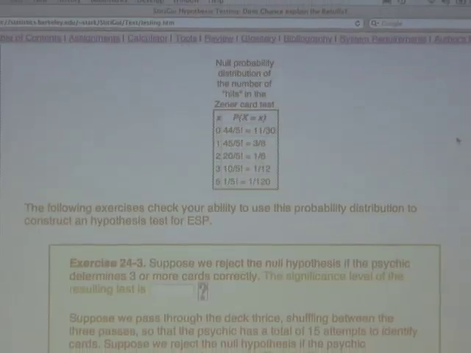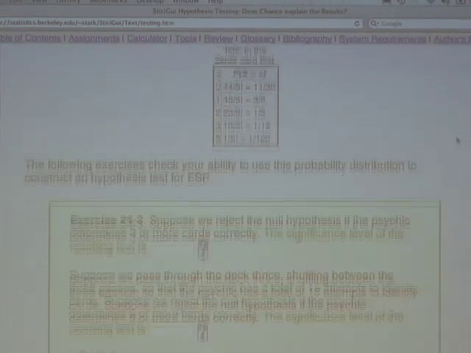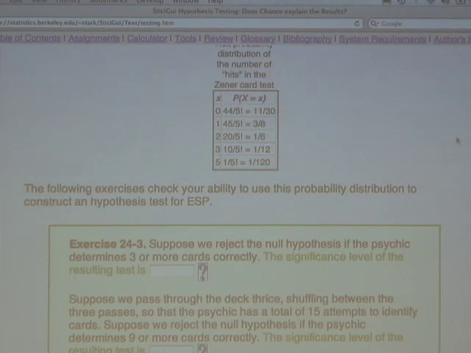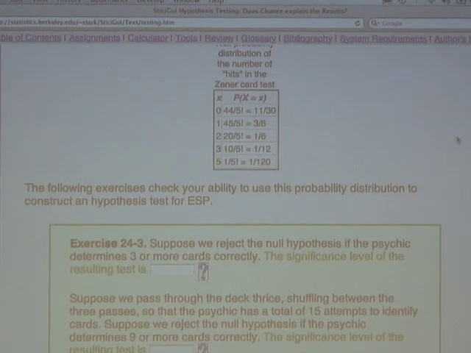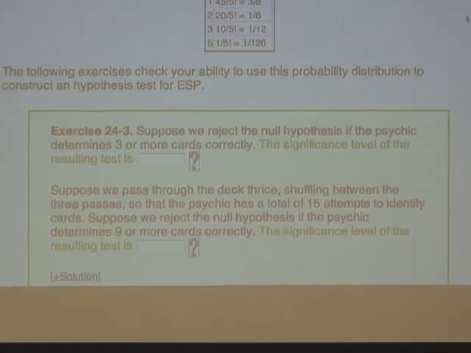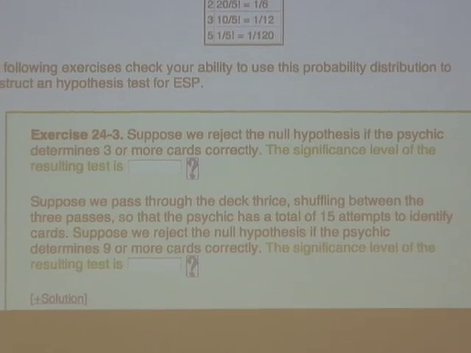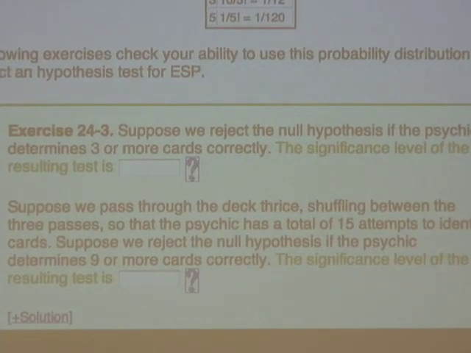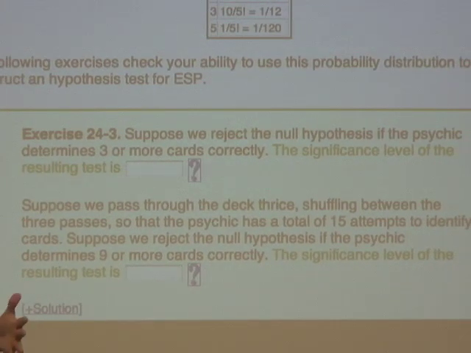Okay. So let's suppose that our rule is we're going to conclude that the psychic really has ability if she gets 3 or more hits, 3 or more cards in the right place. What would the significance level of that test be? It's the probability that she gets 3 or more in the right place if the null hypothesis is true.